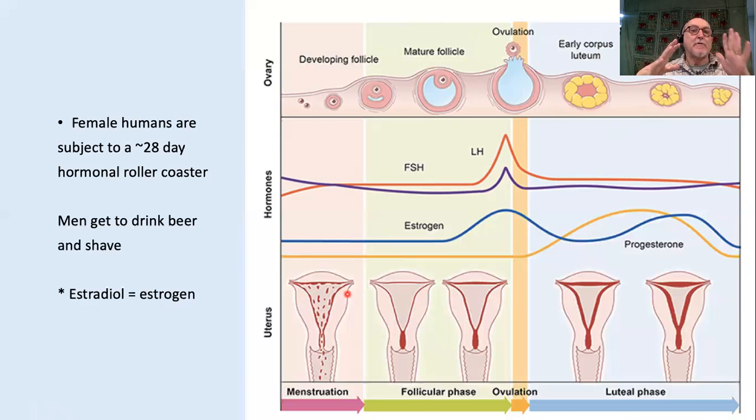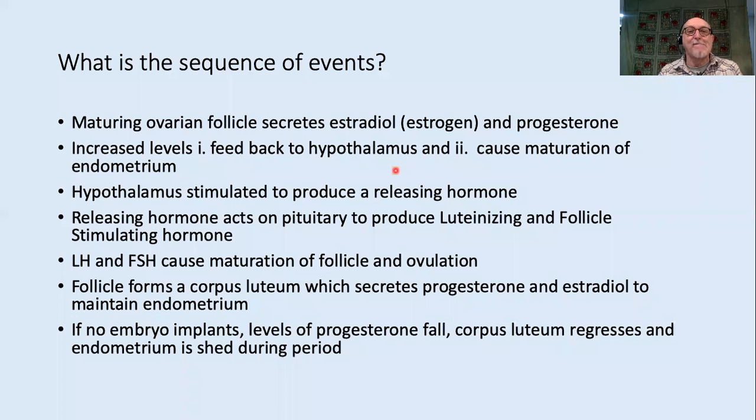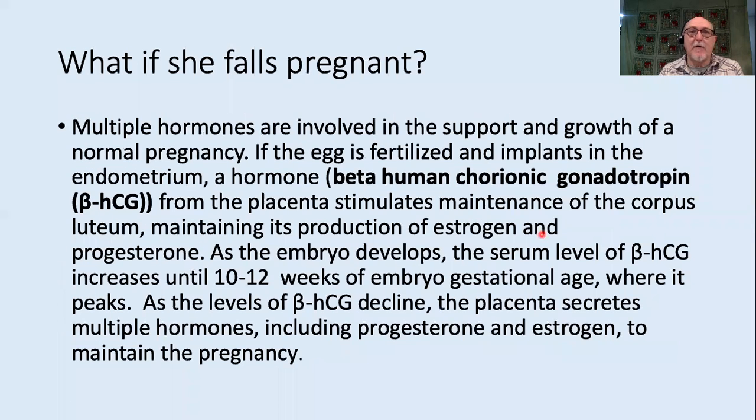It is a dance between the hormones of the ovary itself and the hormones of the hypothalamus and of the pituitary as well. So now here is the summary of the events for you. And just use the diagram before and use this to get memorized.